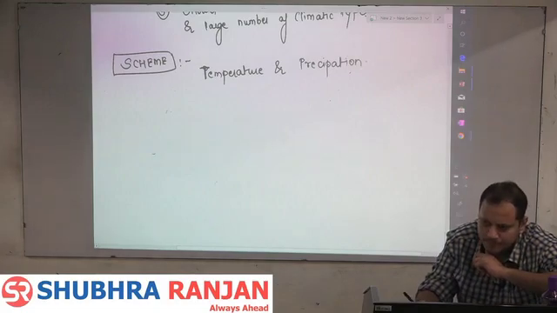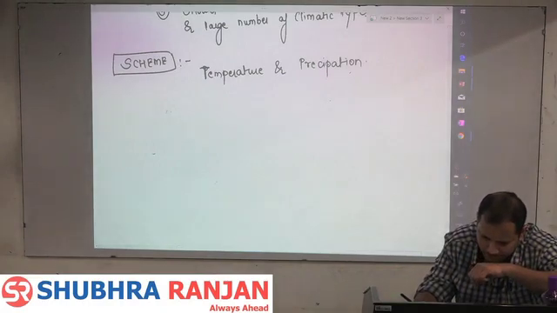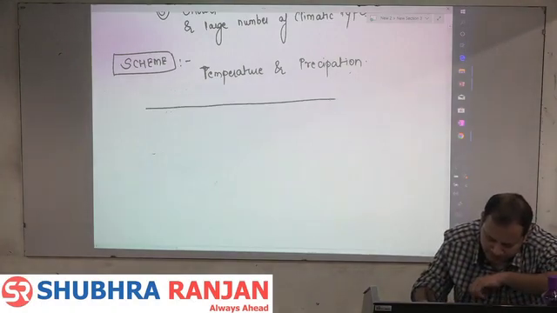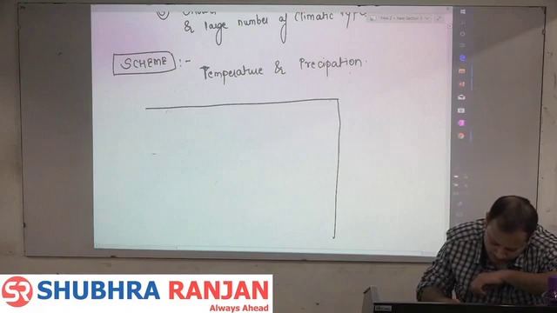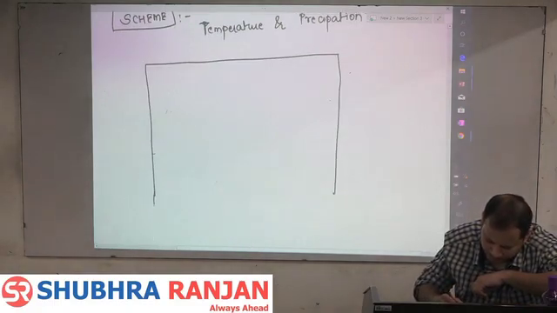Köppen. Similar to Köppen. Next, he identified 6 major types of climates.